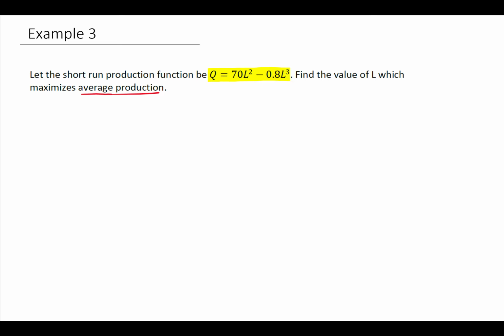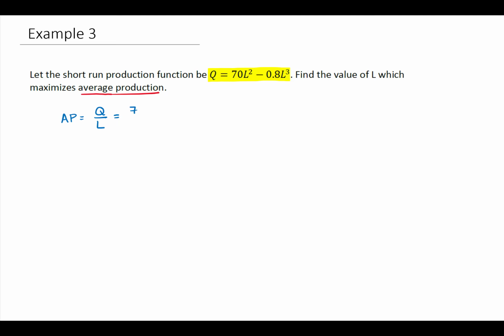So this is what we optimized in our concept video, but now what we're going to optimize is going to be our average production. And average production is going to be our production divided by our total labor, production per labor, or average production.